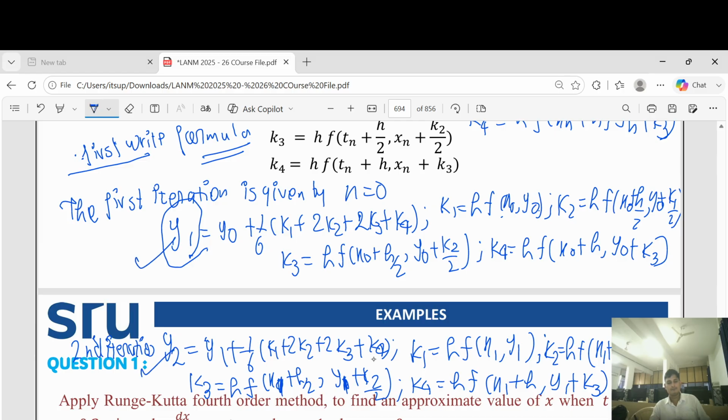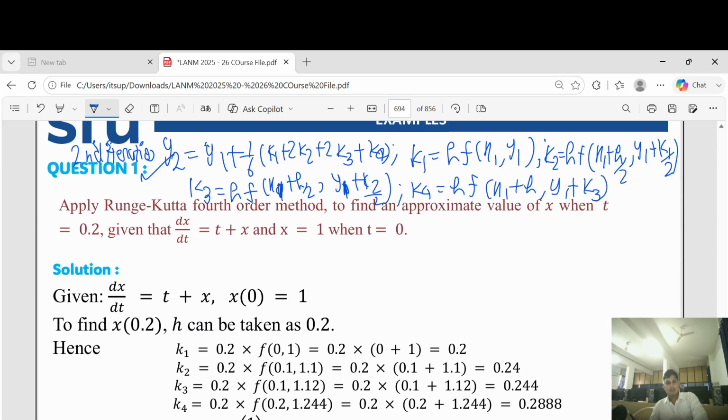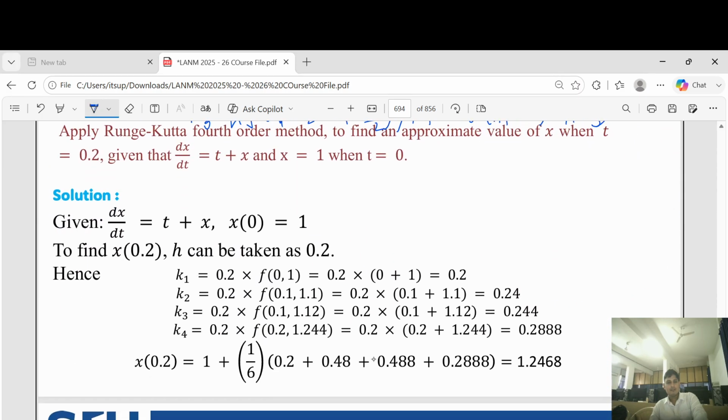So this question is given. Okay, this question is given. In this question, the h value 0.2 is given, and dy by dx is equal to y plus x.